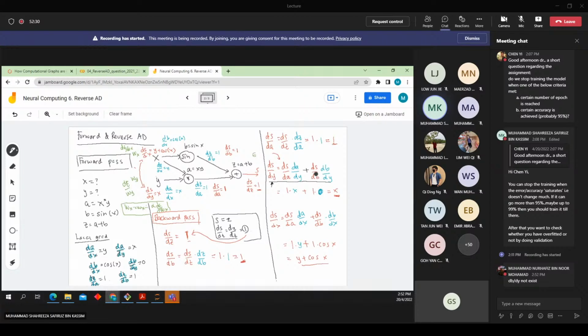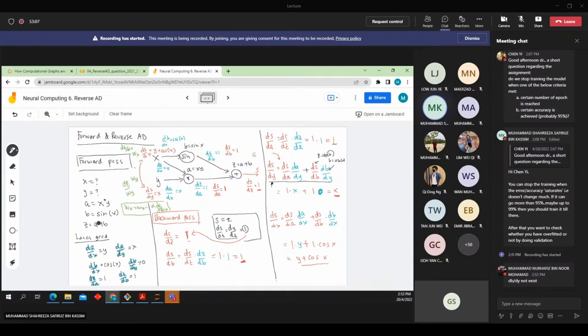Because S is a function of B. If you think of S as Z, then Z equals A plus B, right? So it is a function of B in a way, but B itself depends only on x. So in formalizing it, we need to consider this part.